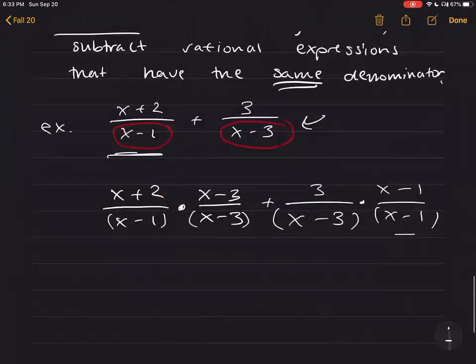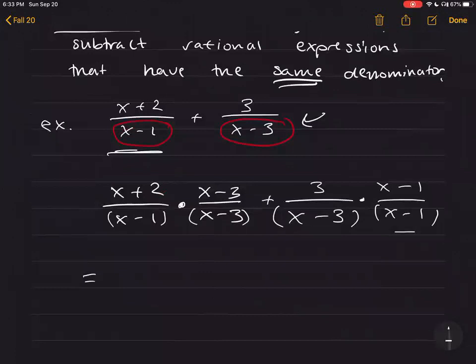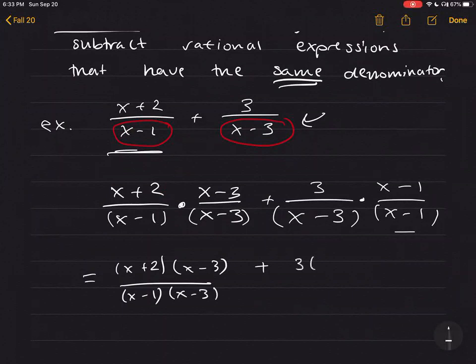And so if we write these out a little bit clearer, we have x plus 2, and then x minus 3, and then we've got plus, and so this is over x minus 1, x minus 3. And then this is 3 times x minus 1, and this is x minus 1. I'm just going to move this one over to the other side of that one for clarity, and then x minus 3.